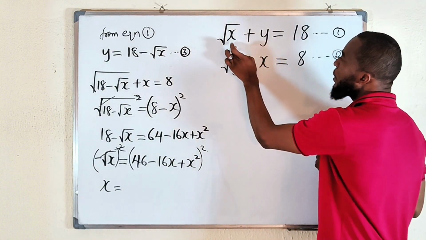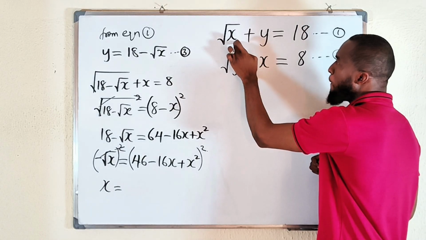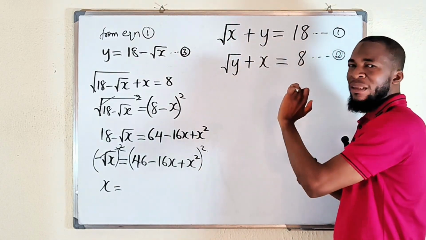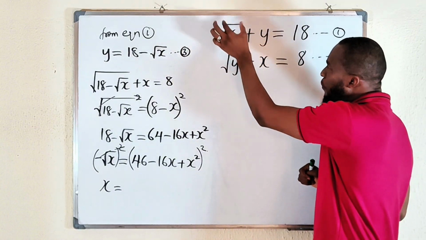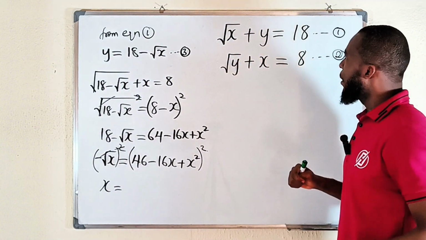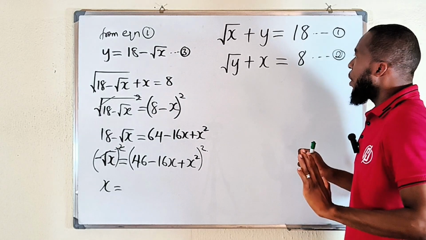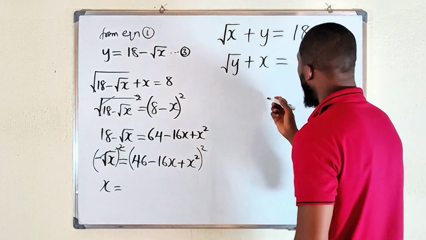So if the square root of x plus an integer is 18, definitely the square root of x must be less than 18, right? So let us do a kind of substitution here.